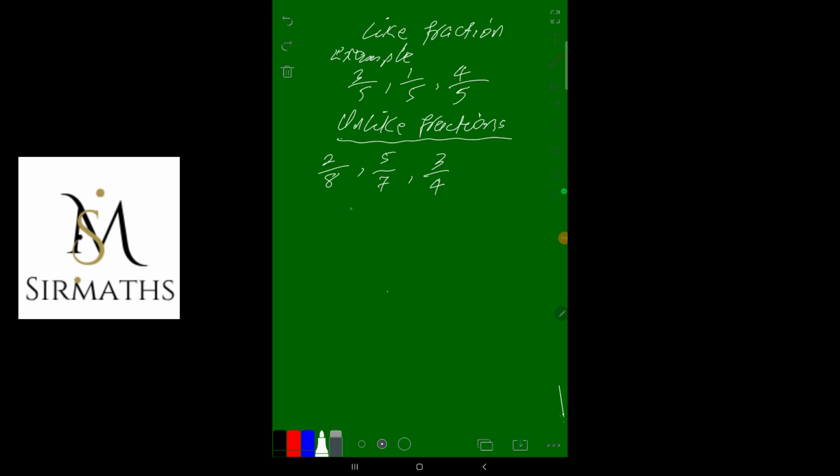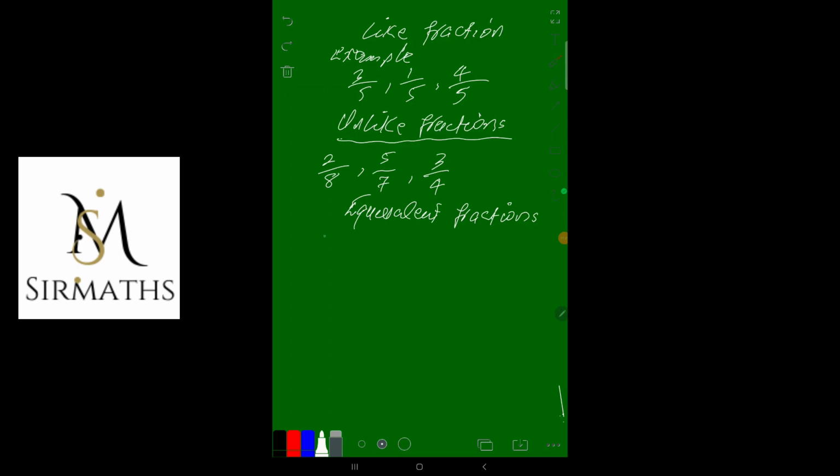We also have equivalent fractions. Equivalent fractions are fractions whose values are the same or equal when simplified to the lowest term.